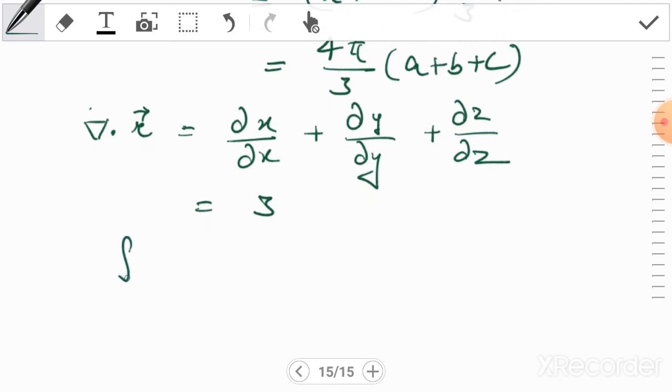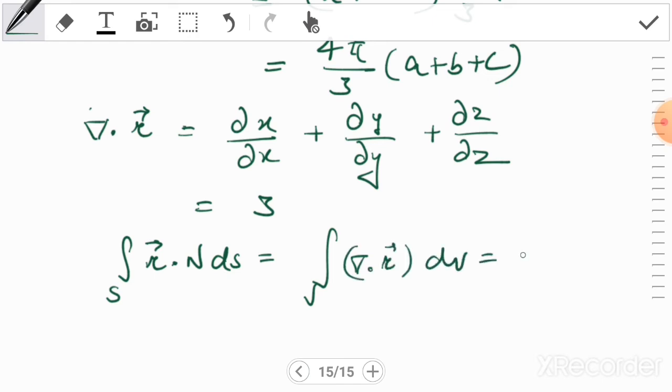So the surface integral of r dot n dS is equal to the volume integral of del dot r dV, which is 3V, 3 times the volume.